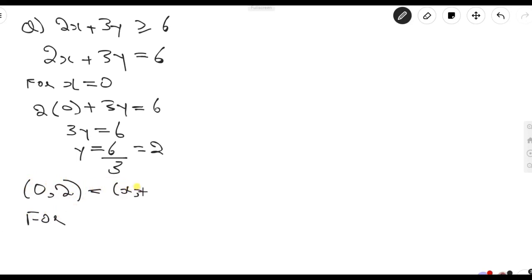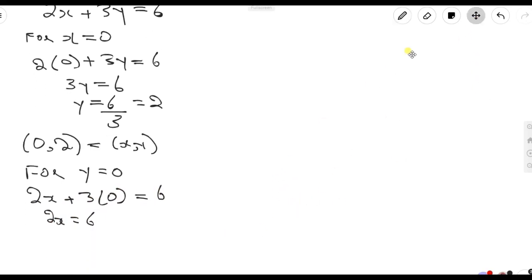And for y equals 0, this is going to represent your x-intercept, of course. It is 2x plus 3y equals 6. This gives you x value 3. So x equals 3.